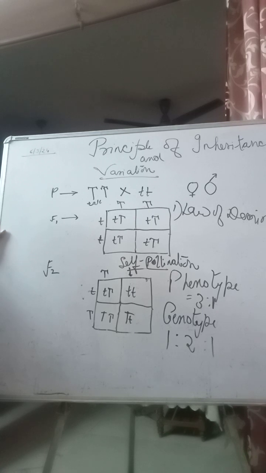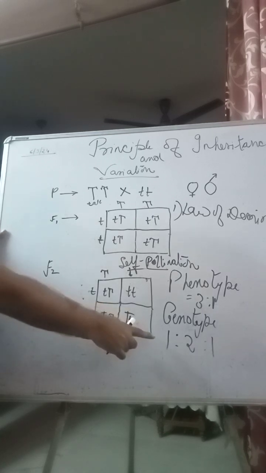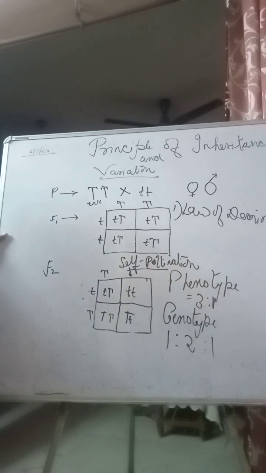So what is found here? One pure tall. This is one. This is the genotypic ratio, the genetic constitution: what you see here genetically, as far as the genes are concerned. Both the genes of tallness are there. It is always in a pair. So this is one.